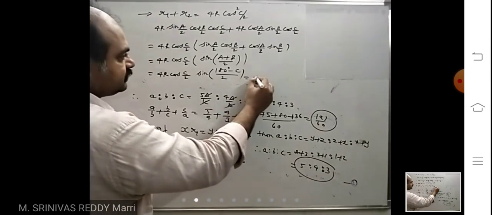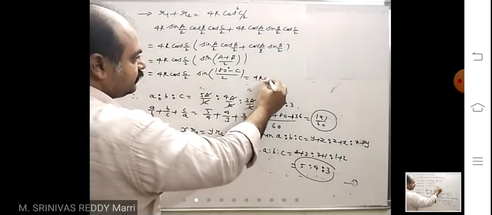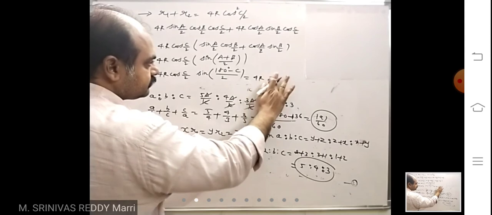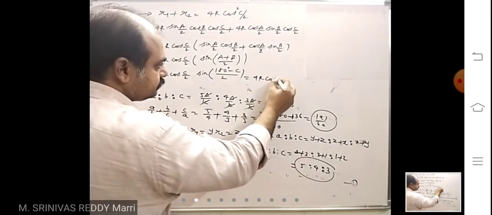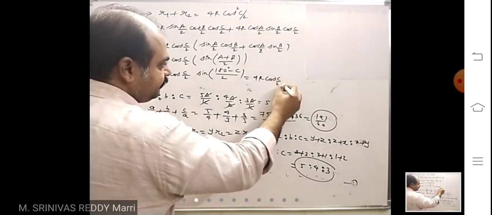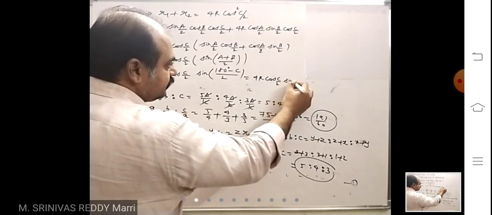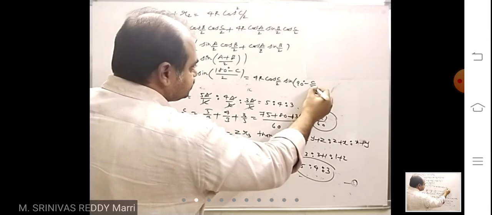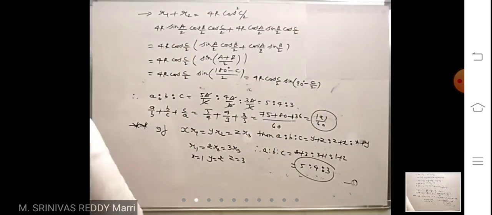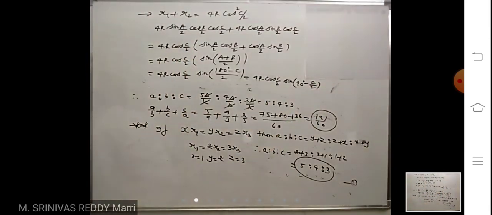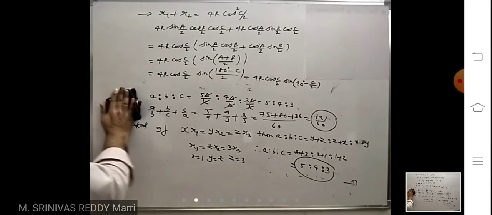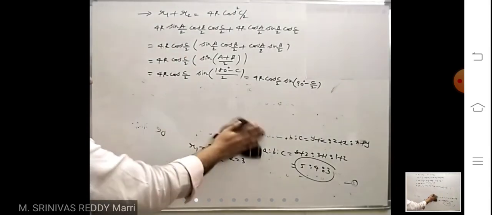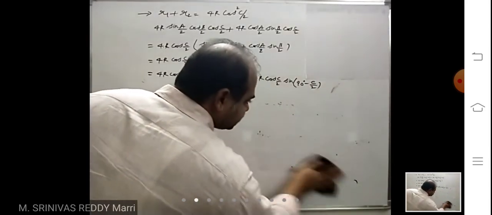Therefore 4R cos C by 2 into sin of 90 degree minus C by 2. Sin of 90 minus theta is always cos theta.